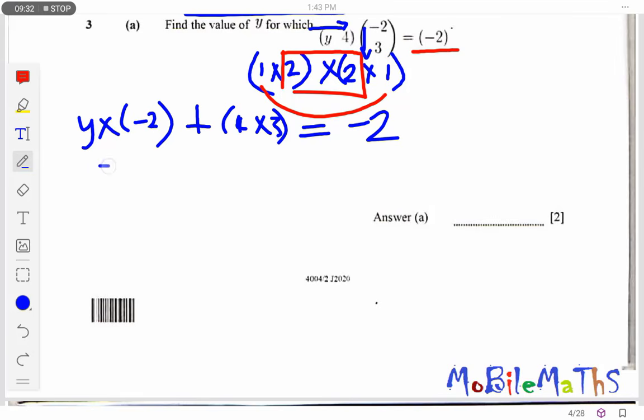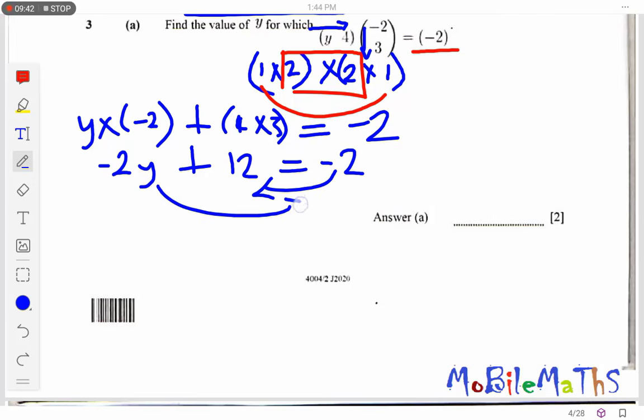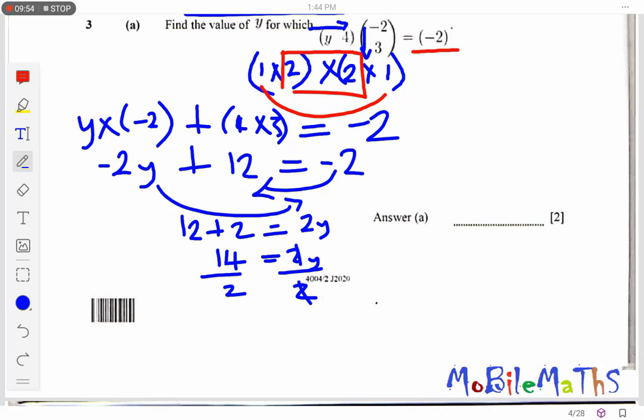So I'll have minus 2y plus 12 equal to minus 2. Then if I take this one this side and this one this side, I'll have 12 plus 2 equal to 2y. So 14 equals 2y. Dividing by 2 both sides, I get y as 7. So our y value there is 7.